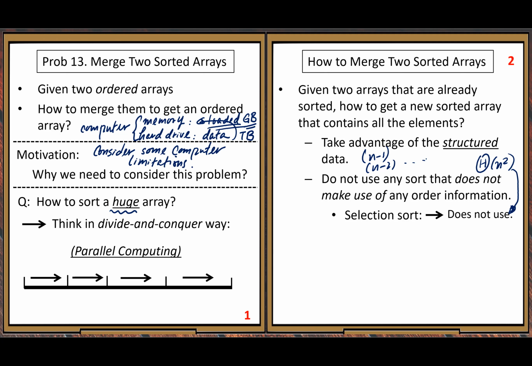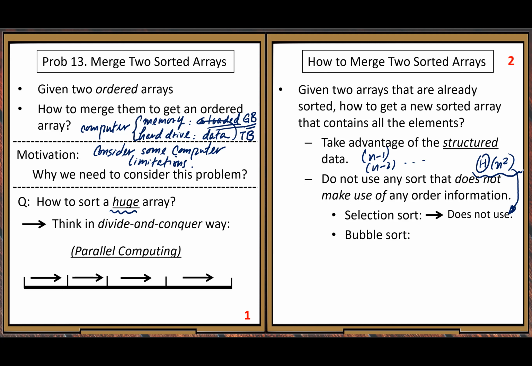It still runs selection sort step by step from beginning to end, so the performance will still be big theta of n squared. So selection sort does not help, because it does not take advantage of the order information. We should not consider selection sort.